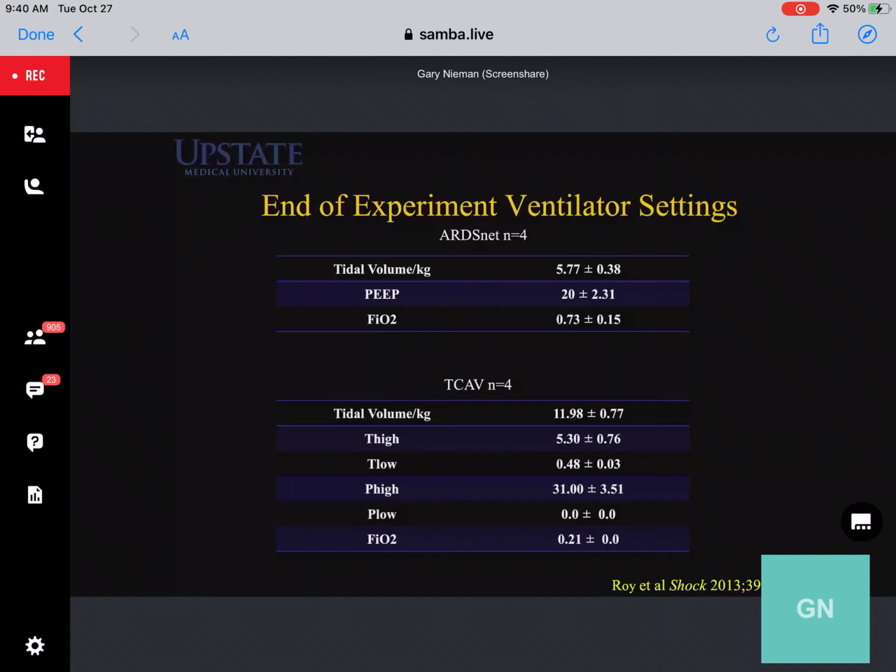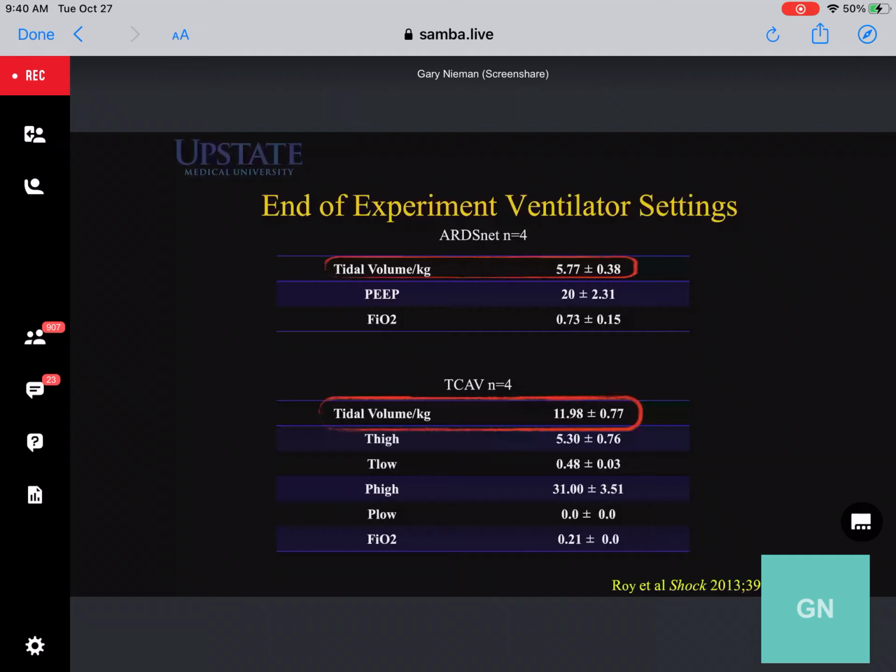And so again, we compared the ARDSnet low tidal volume, and we set it at 6. We came out to 5.77 with a standard deviation of 0.38. In the TCAV method, we did not adjust for tidal volume. We just set the T high, the P high, and the T low.